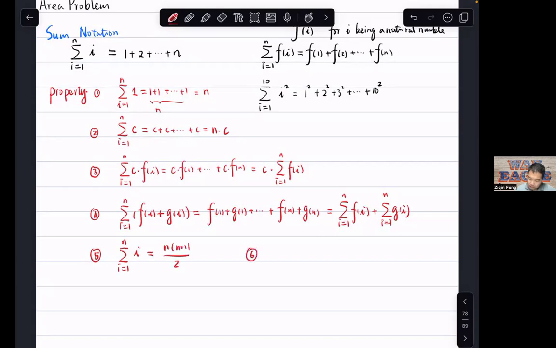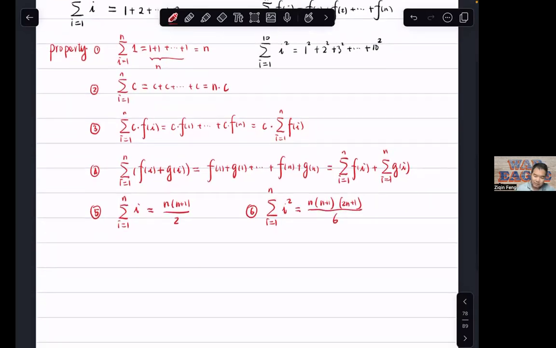And number 6, if you have summation i from 1 to n of i squared, this will be the same as n times (n plus 1) times (2n plus 1) over 6. So we can write a many-term summation as a single function of n. As n gets bigger and bigger, you can evaluate the summation in a single formula. So that's very important.